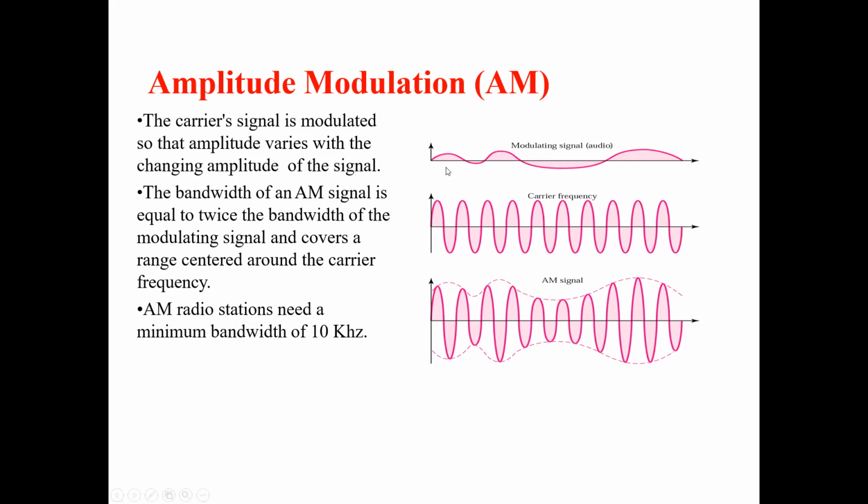Okay, so see, this is the modulating baseband signal. This is the carrier signal. And this is the amplitude modulation. We are not increasing the frequency, so the maximum amplitude remains the same as that of the carrier frequency.